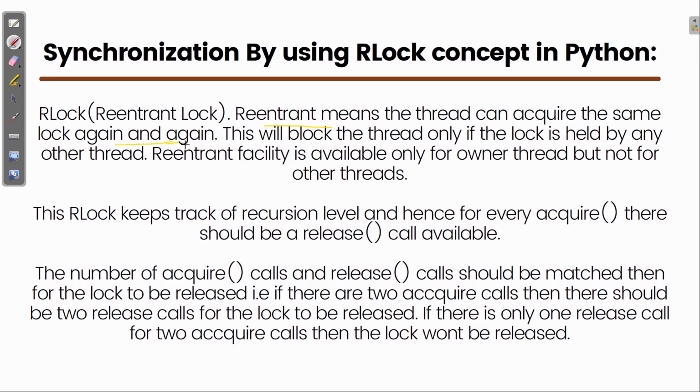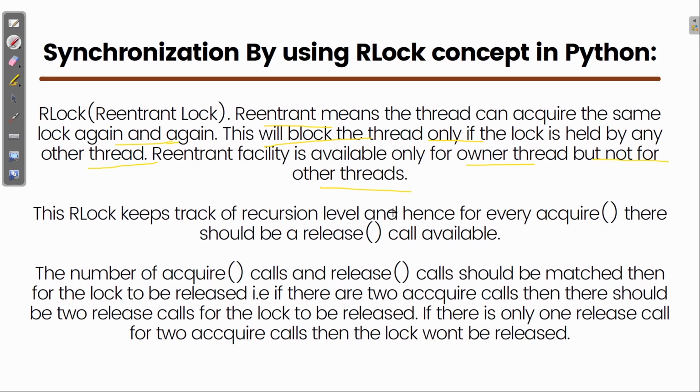All the other threads need to wait. The same thread can acquire it, but not other ones. This will block a thread only if the lock is held by another thread. The reentrant facility is available only for the owner thread, not for other threads.